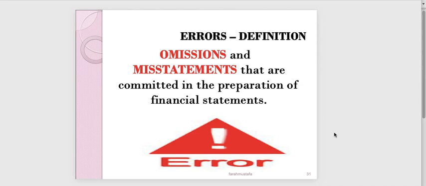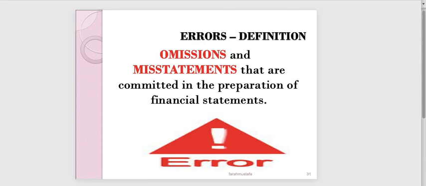Or it can be a previous year error, where the error occurred last year, the financial statement has been completed, but only this year you identified the existence of that error. So you have to identify which one it is. Okay, so the error can be an omission, it can be a misstatement, it can be fraud.